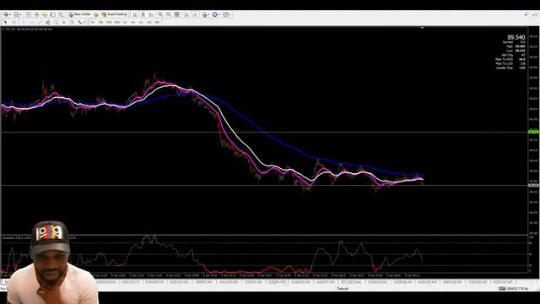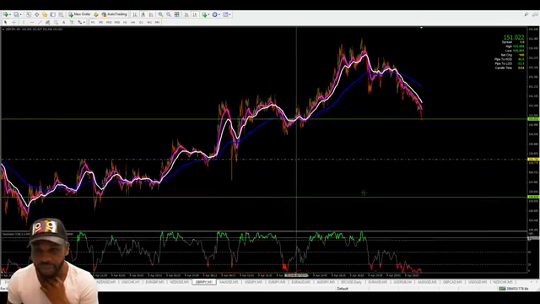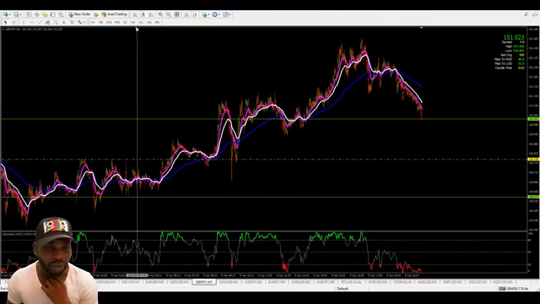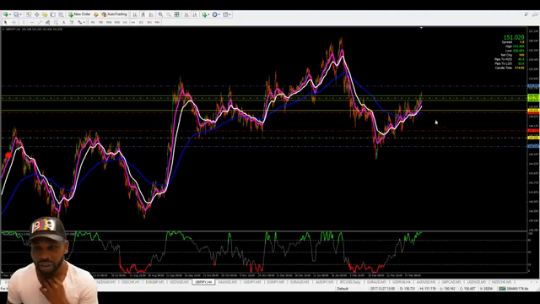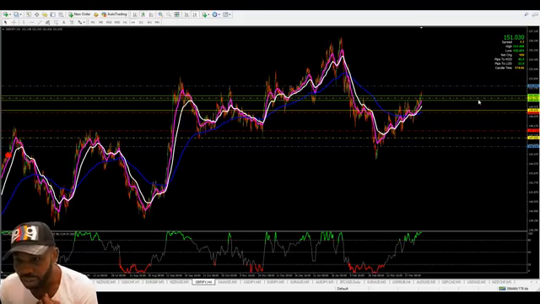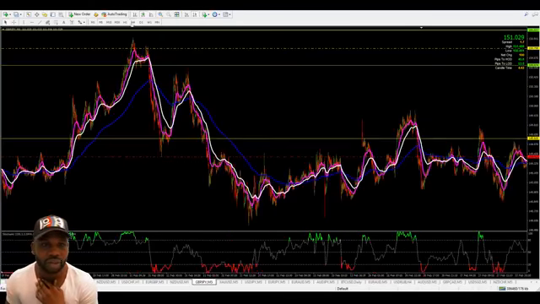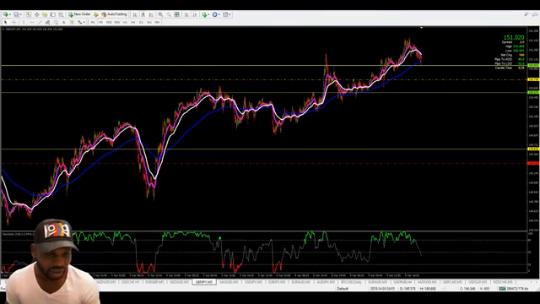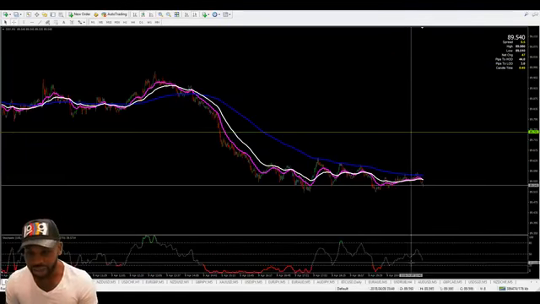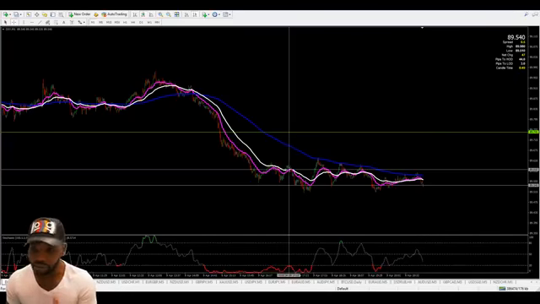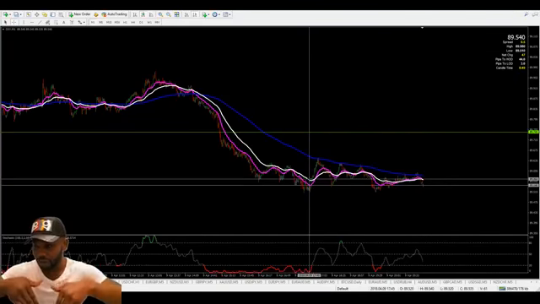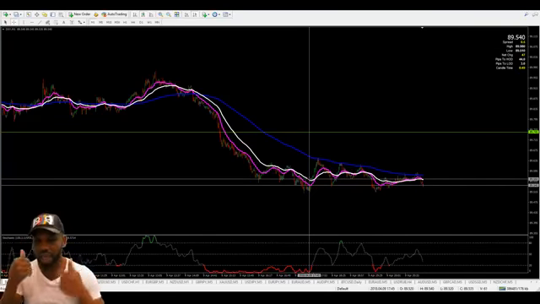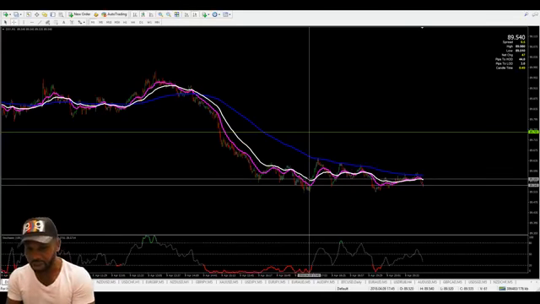So knowing that, if we rip through it, what I'll probably do is look more for maybe around this 1 hour, or coming to test this steel blue. I'm sorry, the institutional support area, making a play off that. Now if DXY was matching up stochastics-wise with GBP JPY, meaning they're both in an oversold state, then we're definitely going to get that nice bounce upwards, and I'd feel a lot more confident hopping in off that 1 hour in GBP JPY.